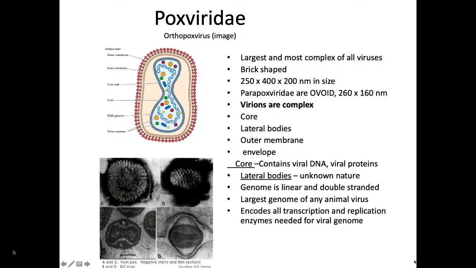Another unique property, they have a very strange shape, brick-shaped or ovoid. And they're DNA viruses with double-stranded DNA, a very huge DNA encoding all the enzymes needed for viral replication. So this virus doesn't need to go to the nucleus.